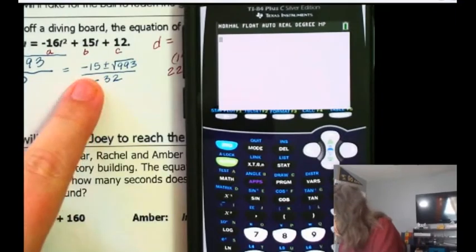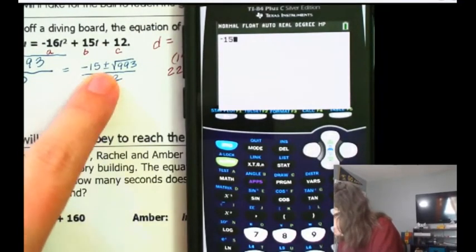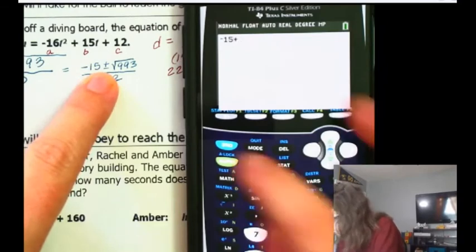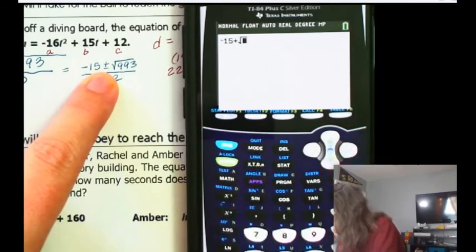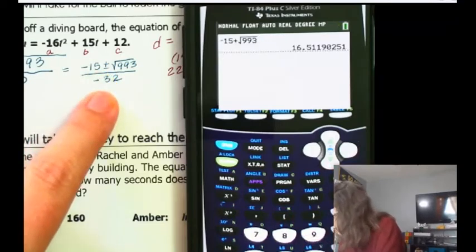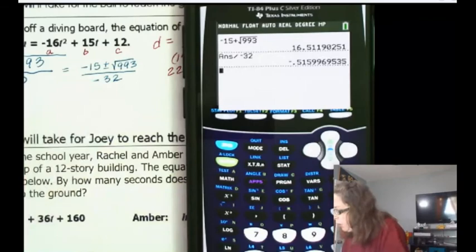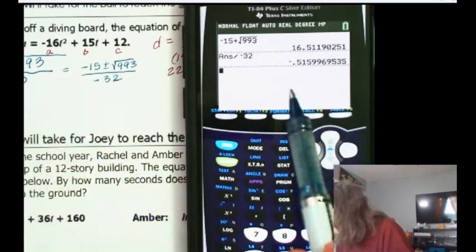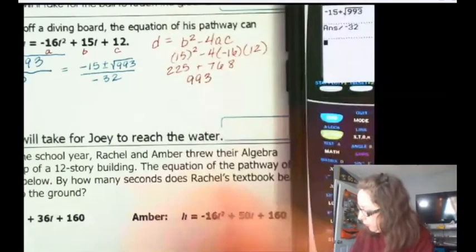Okay, so I'm going to do negative 15 plus the square root of 993 and hit enter. And then I'm going to divide that number by negative 32. And so one of my solutions is negative 0.52.